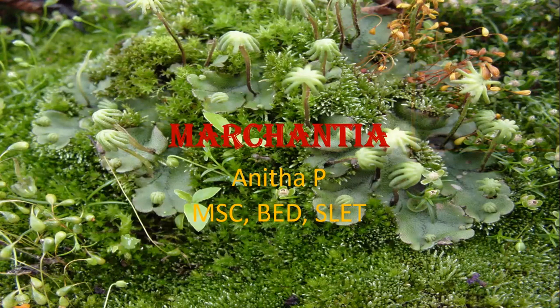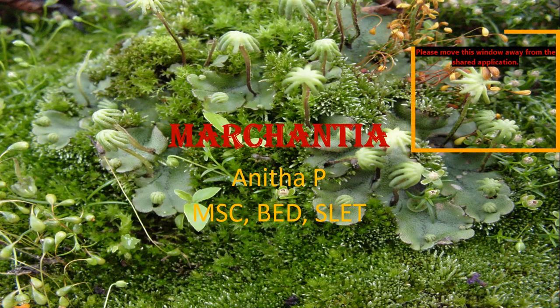Students, as we discussed in the last class, the division Bryophyta consists of the green plants, which are considered the amphibians of the plant kingdom. These bryophytes are classified into special categories based on the thallus structures.